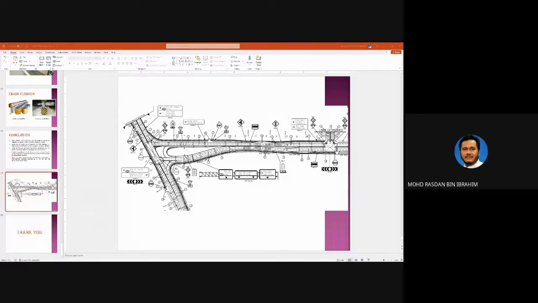Sometimes it is not in the specification, but they have a circular written by the Ketua Pengarah. Basically, they certify the use of it, and they distribute to all JKR district offices and all JKR branches. If they have that, then it's okay.